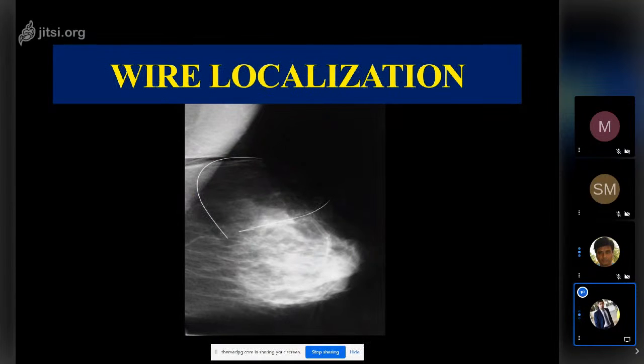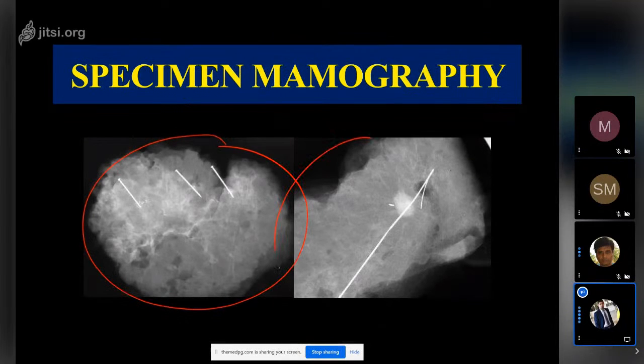Once I resect it, whatever I'm getting here is the specimen mammography, which has been resected because of this lesion, localized by keeping this wire inside. So this is called a specimen mammography.